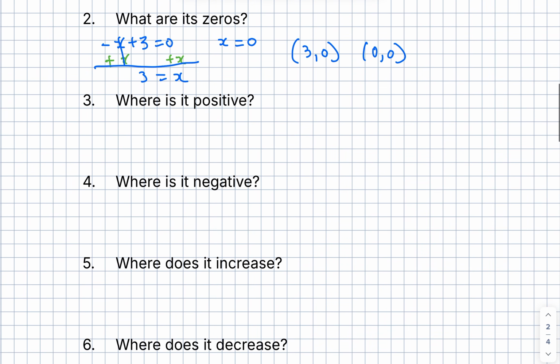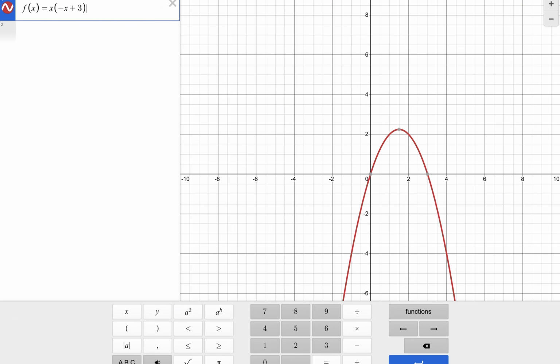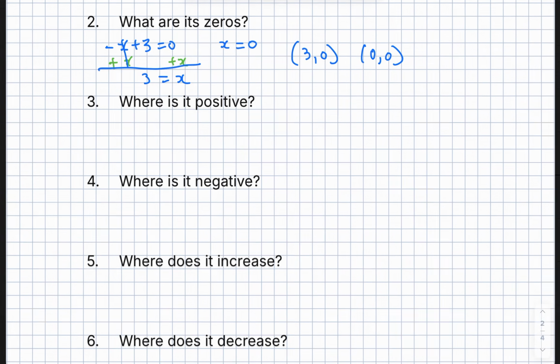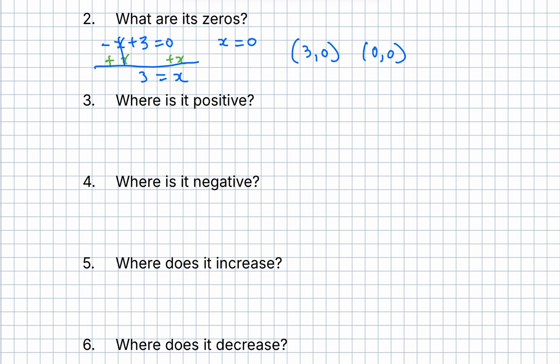Where is it positive? If you take a look at the function, it is positive when this function is above the x-axis, and that takes place from x equal to 0 to x equal to 3. So from here to here is where the function is positive. The way we express it is as a range.